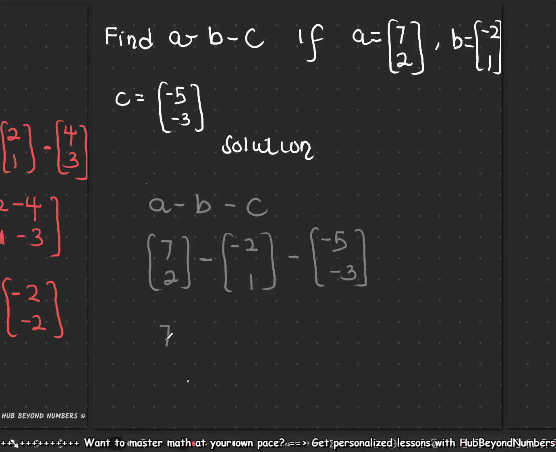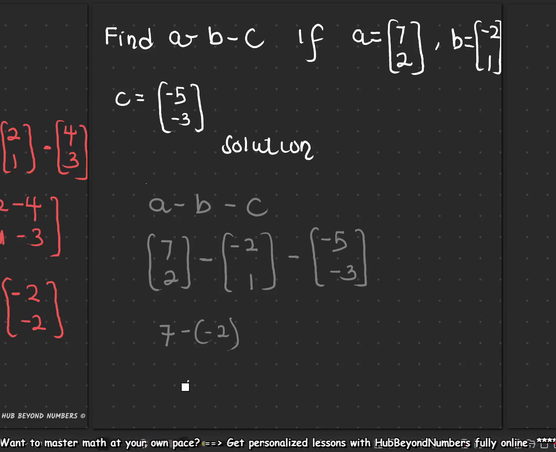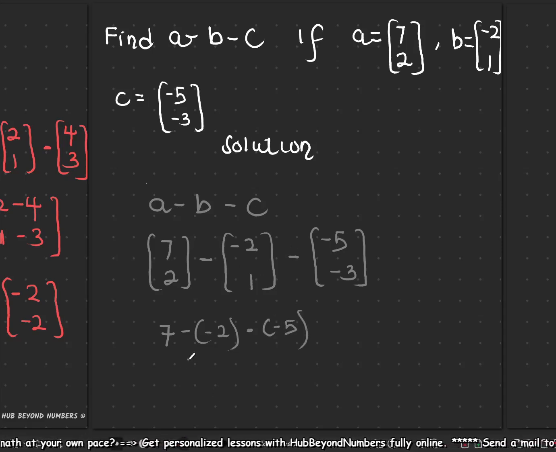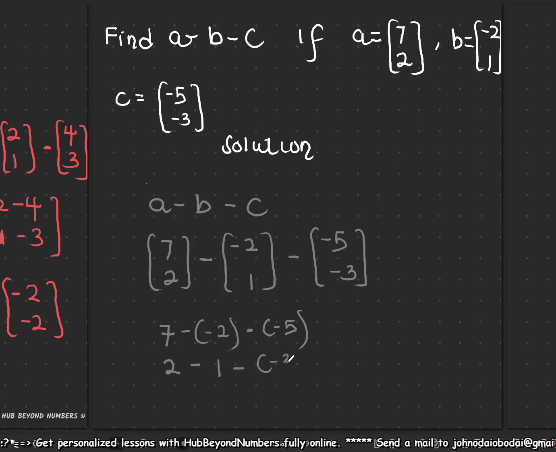So we have 7, then negative 2. You see how I've written that? You do it that way so you wouldn't be confused. Then we have a negative from here, then a negative 5 as well from here. Then for our y component, we have 2, then negative 1, then minus a negative 3.